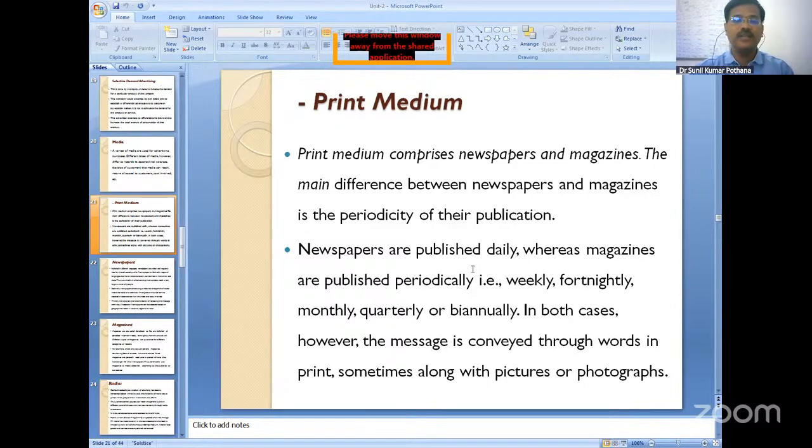Magazines depend on the periodicity, maybe weekly, fortnightly, quarterly, biannually, whatever it is. In both cases, the message is conveyed through words in print, sometimes along with pictures, photographs or graphics. A recent development is infographics.